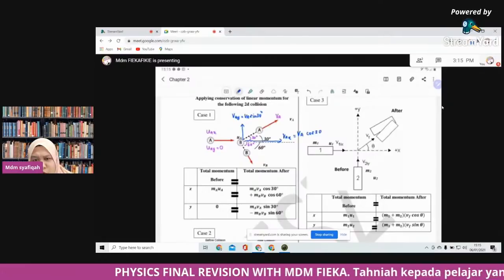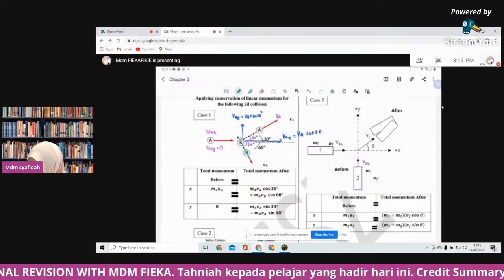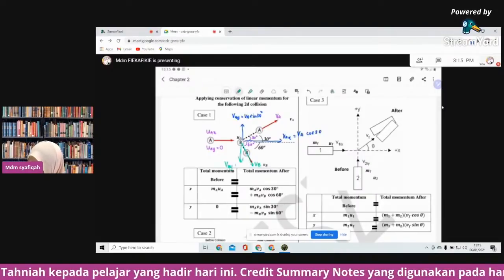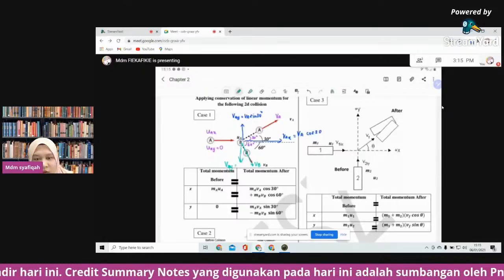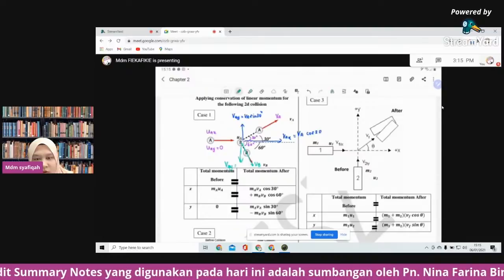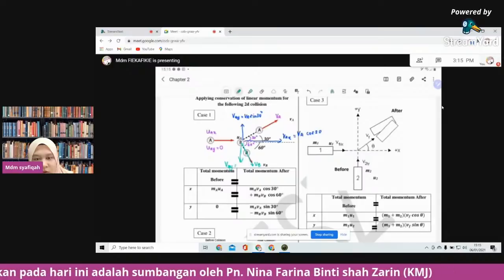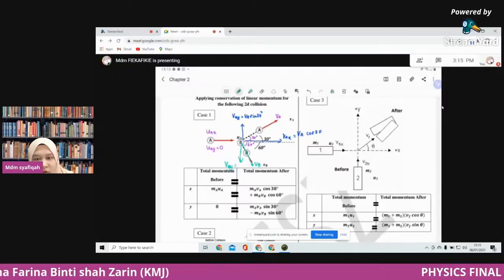Okay, same goes to B. B pun you kena resolve. In this direction B, VB. So we have VBY, but remember, VBY tu mesti negative because the direction is downward direction. So VBY dia adalah negative VB sin 60.